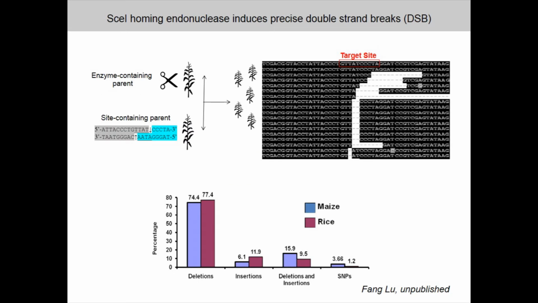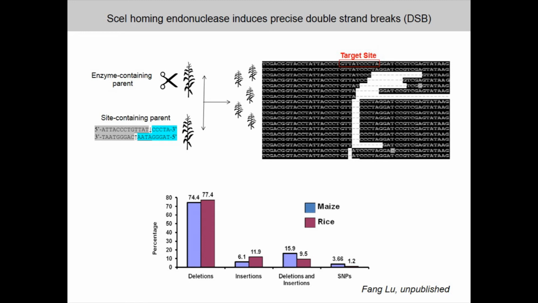So we wanted to test this in the absence of a transposable element. What does it look like when we just create a double-strand break in the genome? What we did is we took a maize plant and rice lines as well, and we had an enzyme that cuts at a very specific site. This is a 17 base pair site, and this enzyme will only cut at that site.